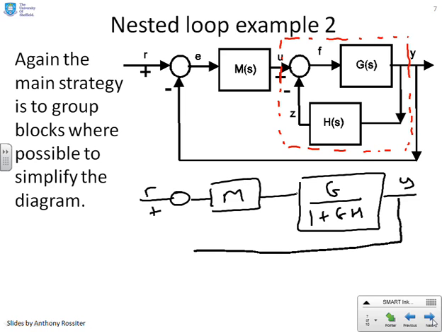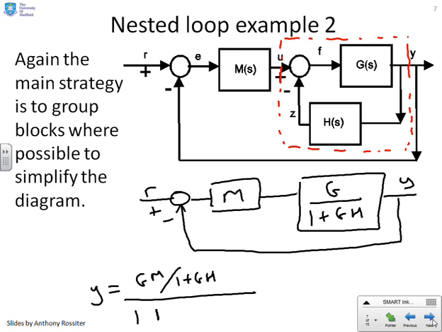And now again you'll see I've come up with a loop diagram that looks a lot simpler. So now if I want to identify the dependence of y on r, I can just write down y equals gm over 1 plus gh, all over 1 plus gm over 1 plus gh, into r.